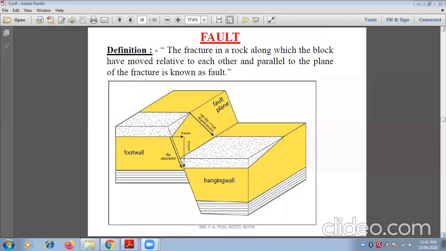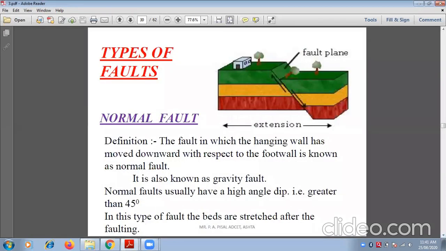Now in the types of the fault there are so many types. Out of that, the important types from your civil engineering point of view, we are going to discuss here in detail. Now here the first type is the normal fault.